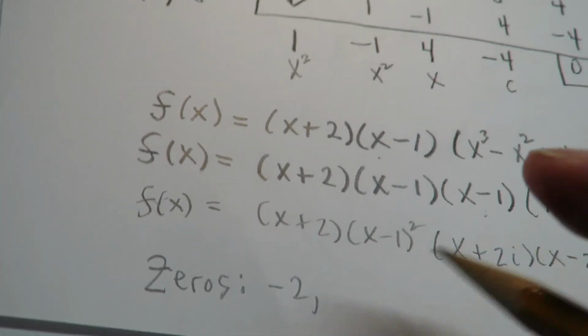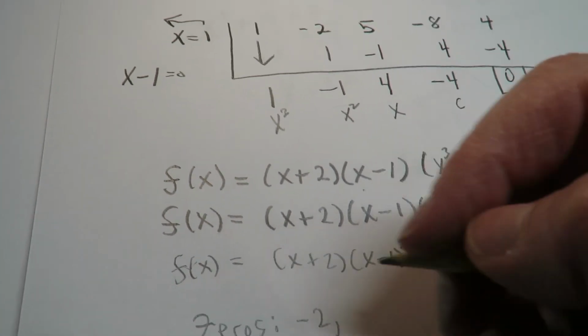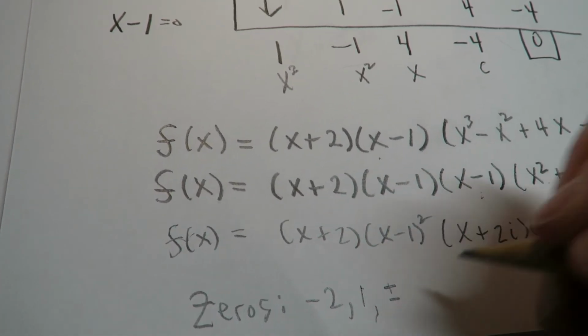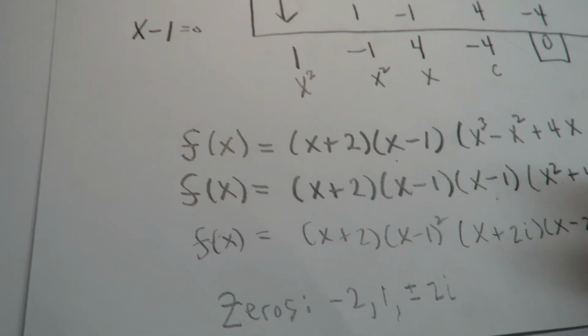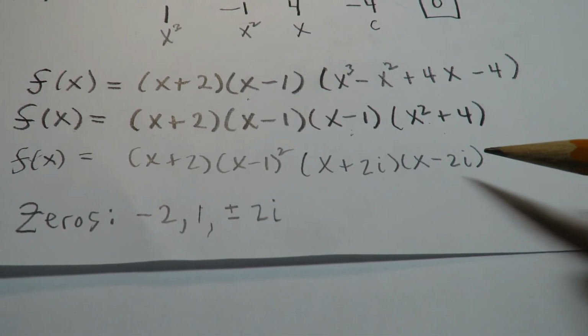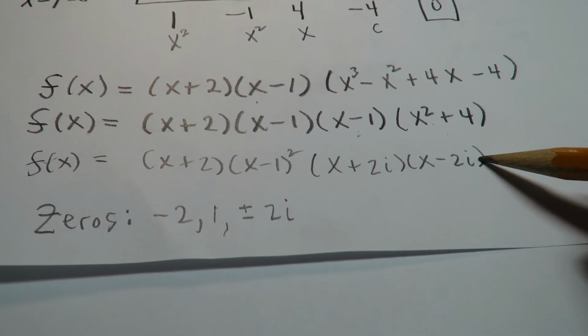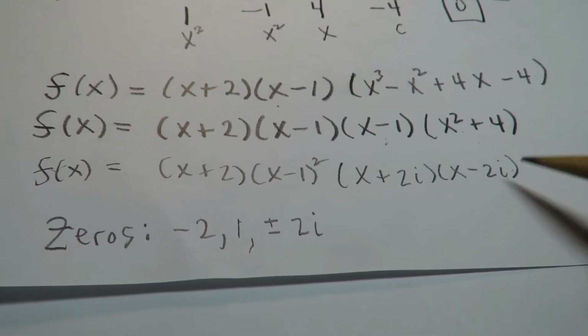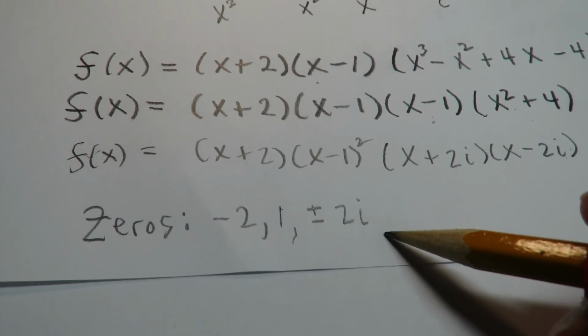If you have a repeating 0, you don't have to write it twice. You can just write it once. Okay, and those are the zeros. Okay, so this is the completely factored form, which was the goal of all the steps, all the tools to get this completely factored, and this would be the zeros.